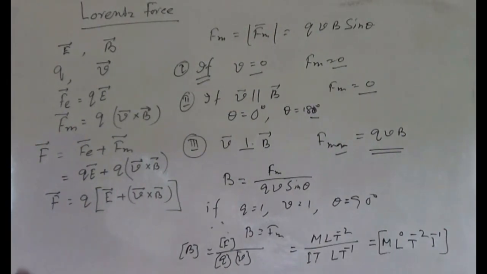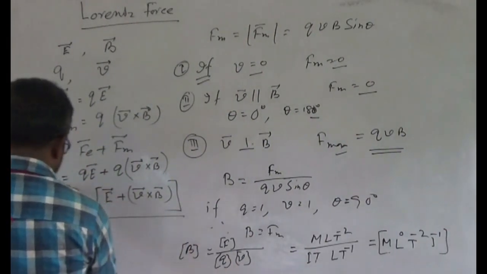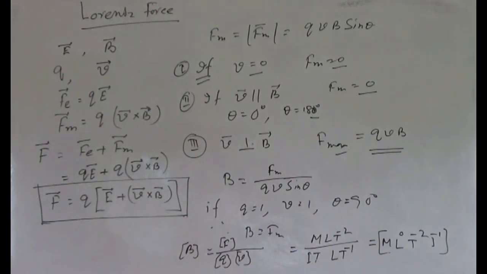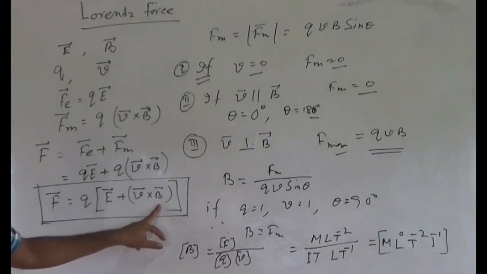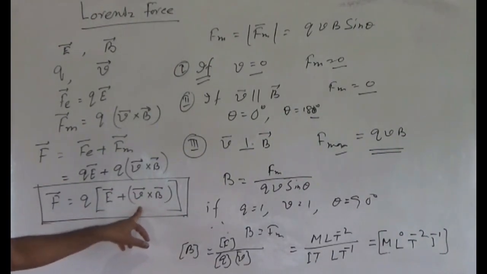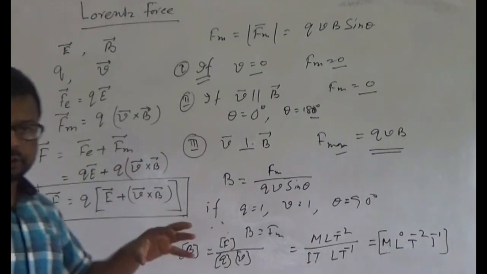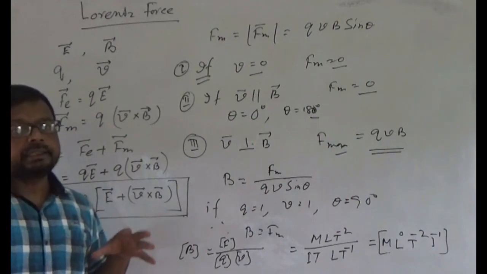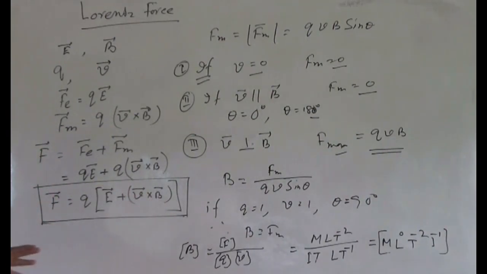Just remember this thing. This force is called Lorentz force. This is the expression for Lorentz force. Lorentz force is the net force experienced by a charged particle in electric and magnetic fields. Right?